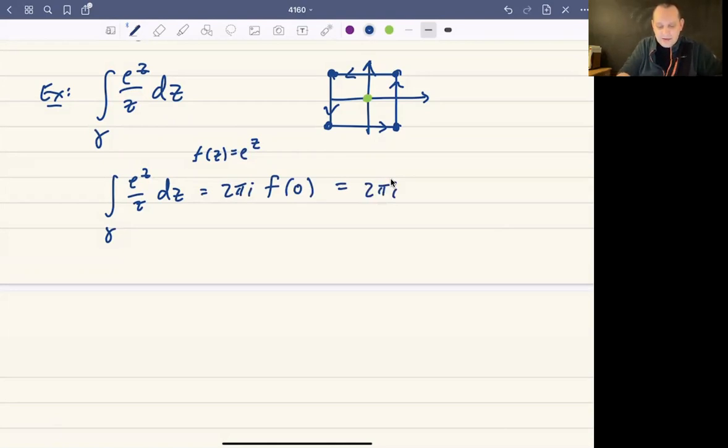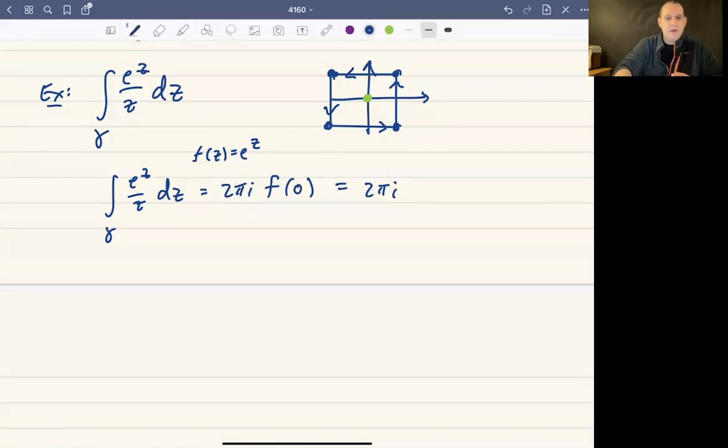It's almost comically difficult. Come up with a parameterization gamma over here. In fact, it might be impossible to do this any other way because e to the z over z doesn't have an antiderivative. And so there's nothing that you can really do here. But by Cauchy's integral formula, we can still evaluate this integral and find out that this is going to be 2 pi i. Okay, so that's particularly nice here.